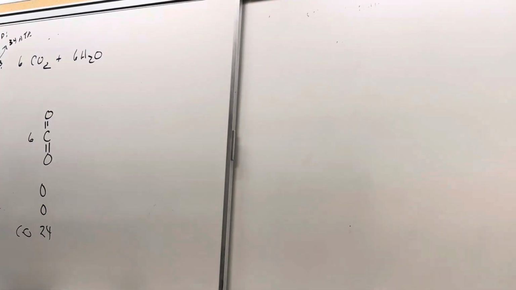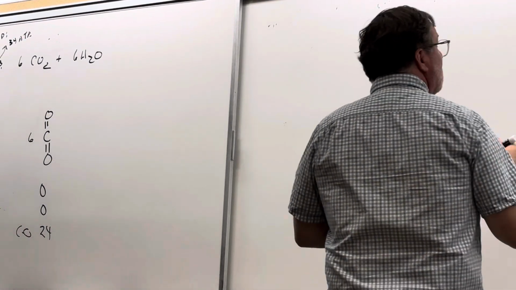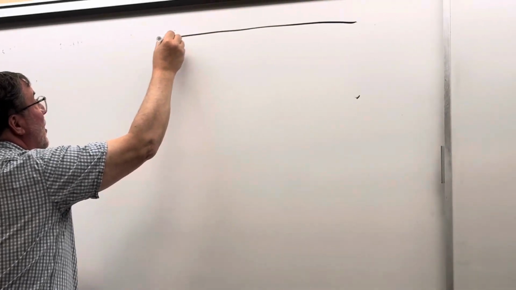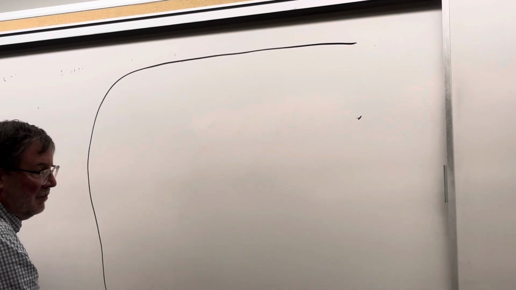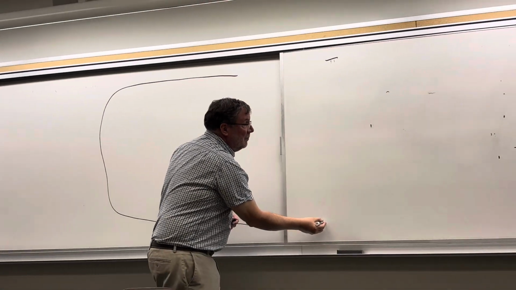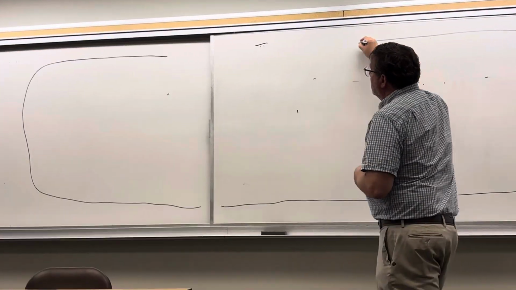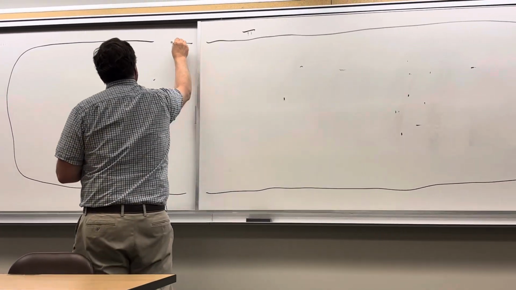So I'm going to draw a big picture of a cell. I'm going to spread the cell over like a board and a half here. There's our cell.